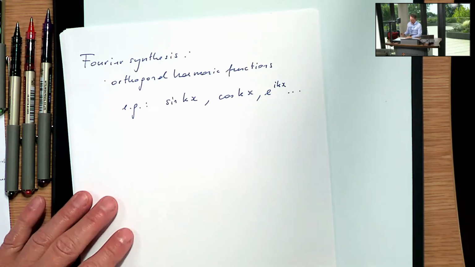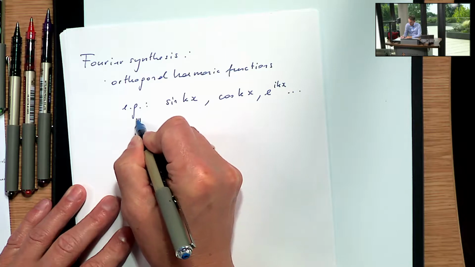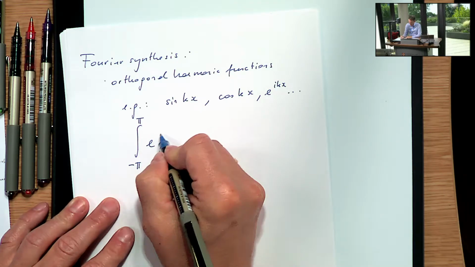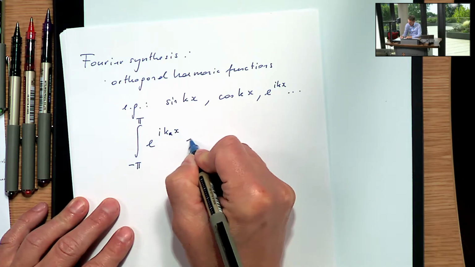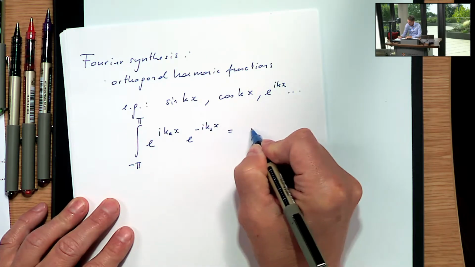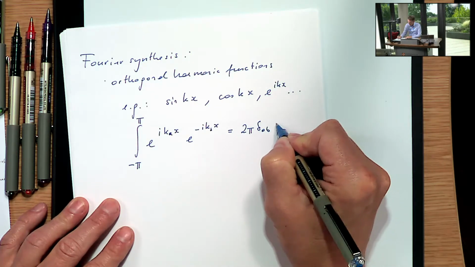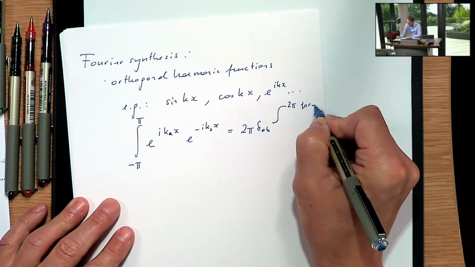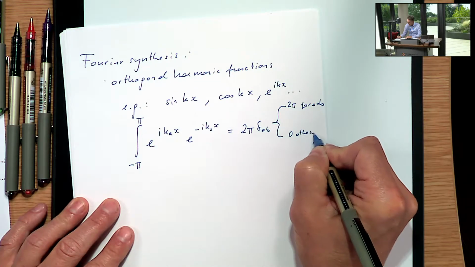And orthogonality means that the integral over one period between minus pi and pi of two functions, e to the i k_a x times e to the minus i k_b x, is equal to 2 pi delta_ab, and that is equal to 2 pi for a equals b and 0 otherwise.